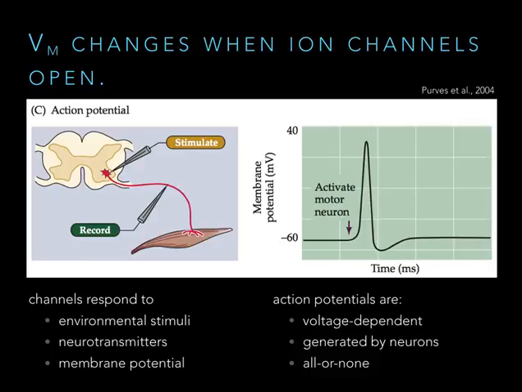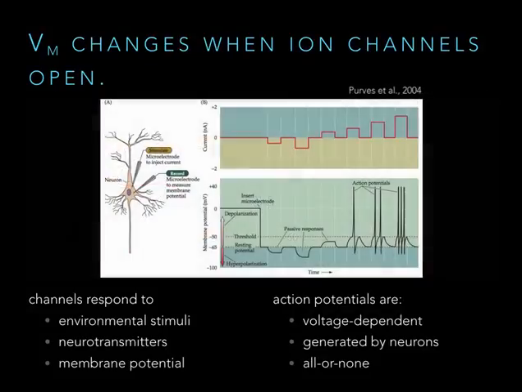Rather than depolarizing a little bit, what you'll find is that that little bit of depolarization activates voltage-dependent ion channels, and then they open up to create this very robust depolarization where we go from a negative membrane potential to an actual positive and then back, all within the span of about 3 to 4 milliseconds. So those action potentials, that's what we're looking at here, that's an action potential. Those are the active signals that neurons are going to generate. They're absolutely voltage-dependent signals. You have to cross that threshold, okay?